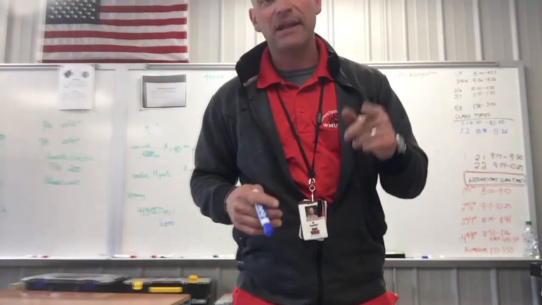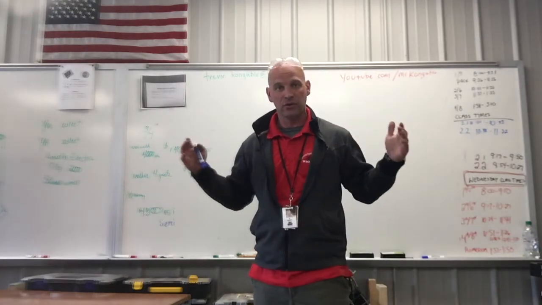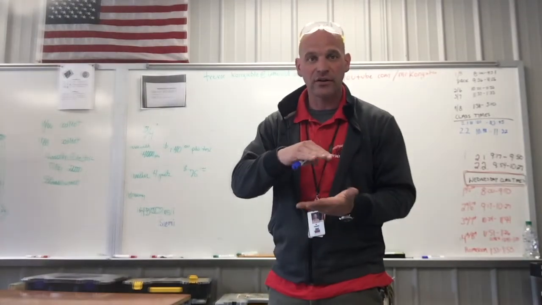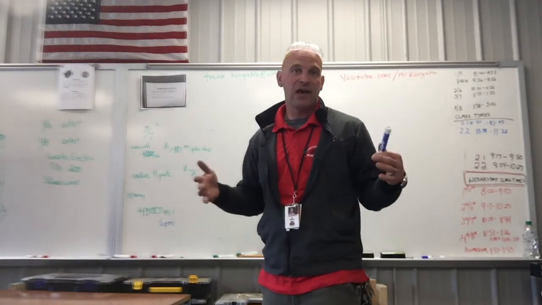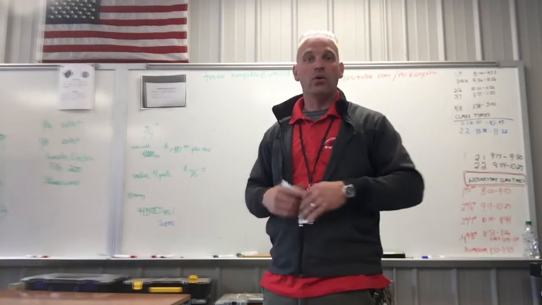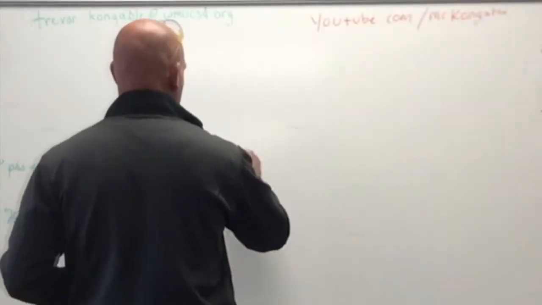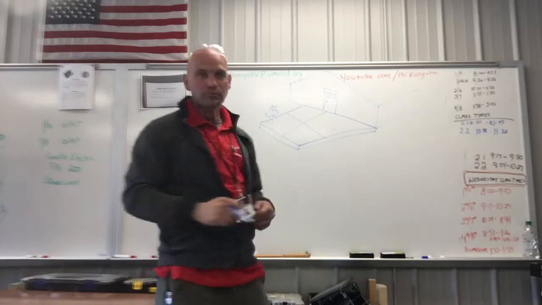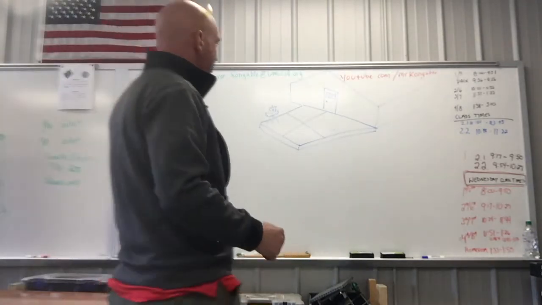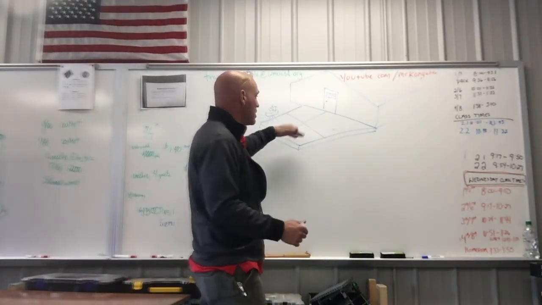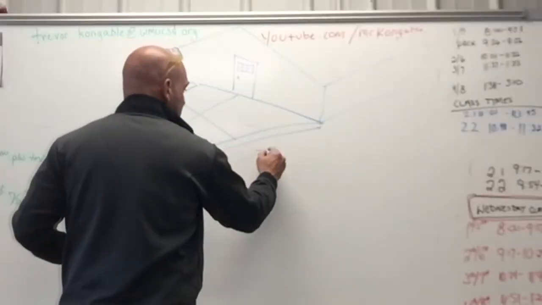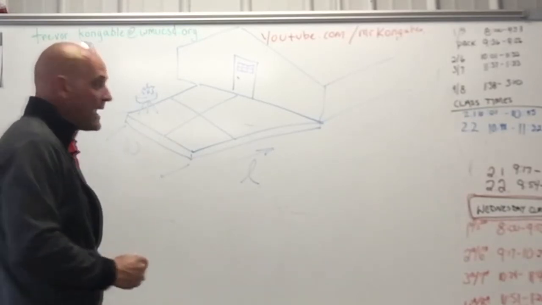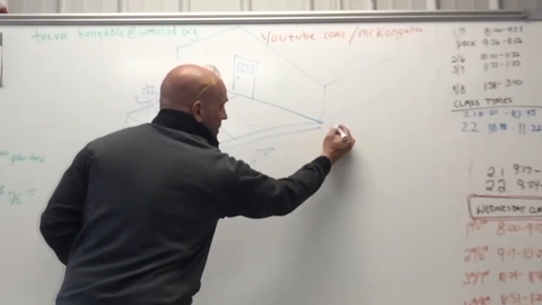So the way we do that is we need to find our length, our width, and our thickness of concrete. So if you have a patio or a sidewalk, okay, so if we have a patio on a house, we need to know the length, the width, and the thickness.